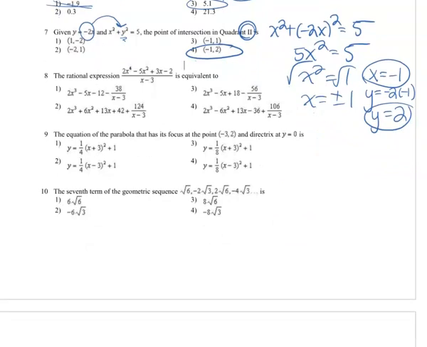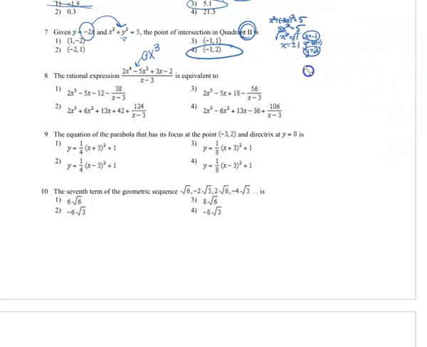Question 8 is ultimately a synthetic division problem, and always check for missing terms. I am seeing that there is a 0x cubed missing. So let me actually move some of this to give myself some room here. Okay, cool. All right, so here we go.